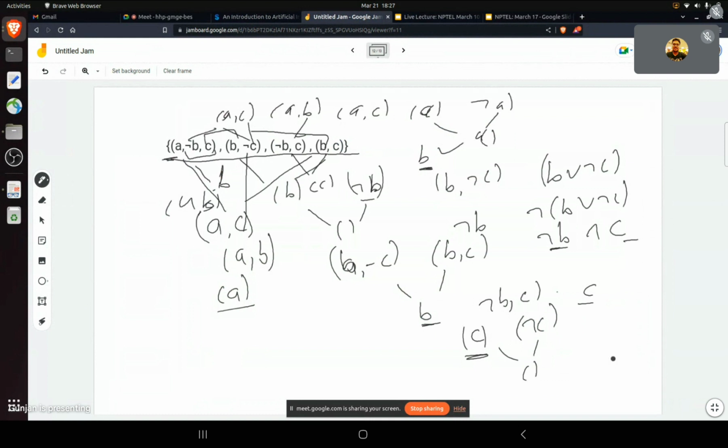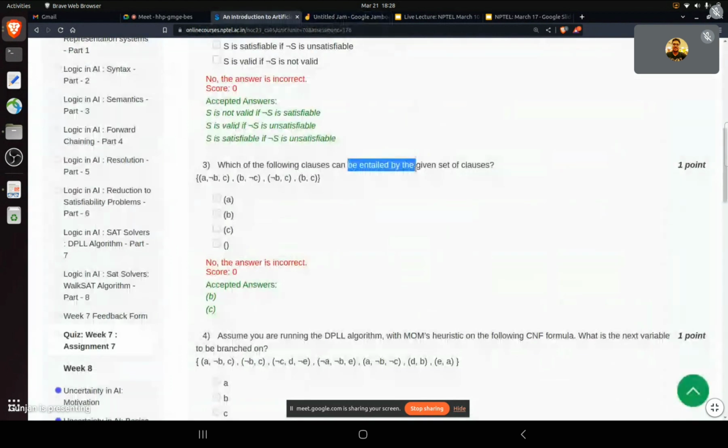But by taking any two clauses, okay, let's do it like this. Just take any two clauses from this set of four clauses. Now, can you show that you can derive A, B, C, or the empty set? If you can show that, that means you can show that they are entailed. Now, were we able to do it for all?